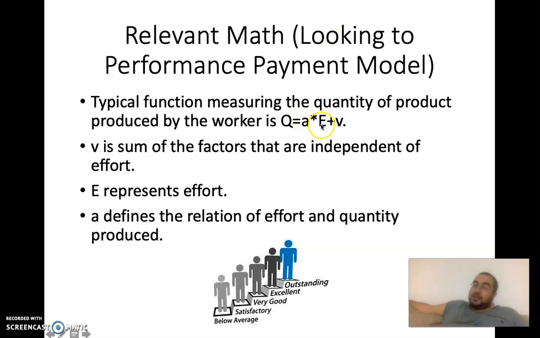In other cases, V may become a large and changing factor. If V is a changing factor, then you need to independently detect the effort level. If quantity and effort of the worker are correlated, then you can just check the quantity produced by the workers or the quantity of tasks done by the workers.